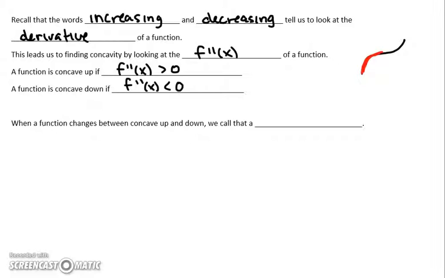But then it turns into concave up, right? It's a part of a function or a part of a parabola that has a positive leading coefficient. So the red part's concave down, the black part's concave up. So there's some point right there where we're going to switch from concave down to concave up, and it gets a special name. We're going to call that a point of inflection.